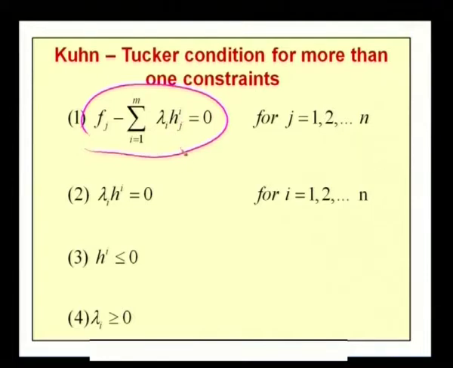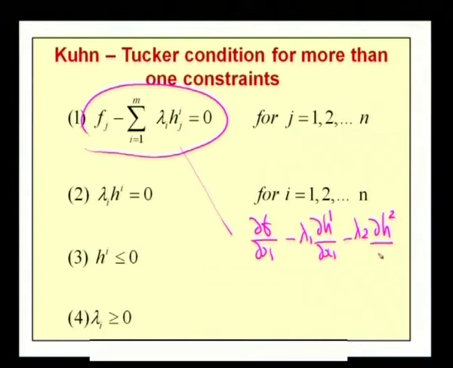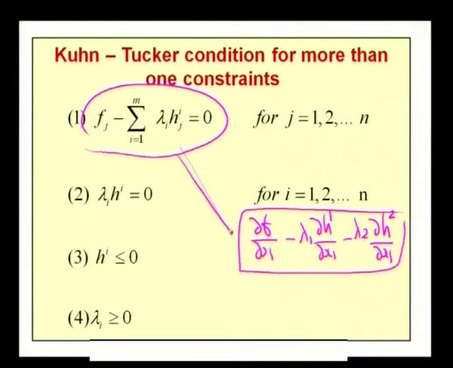Suppose our nonlinear problem involves 2 variables x1 and x2 and 2 constraints h1 and h2, then the first condition is dou f by dou x1 minus lambda1 into dou h1 by dou x1 minus lambda2 into dou h2 by dou x1. This is the first Kuhn-Tucker condition for a nonlinear programming problem involving 2 variables and 2 inequality constraints.